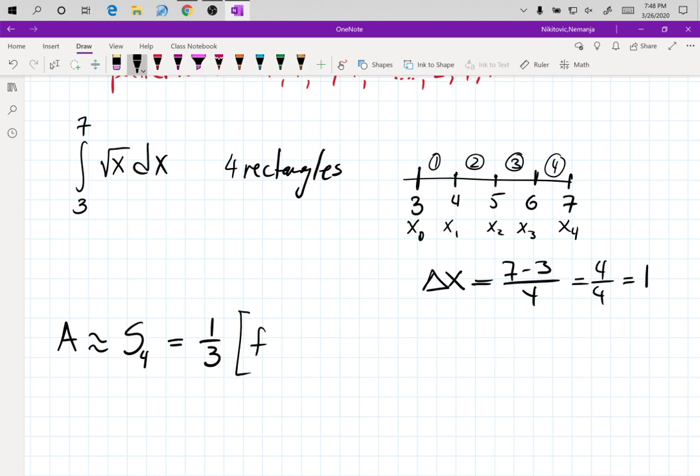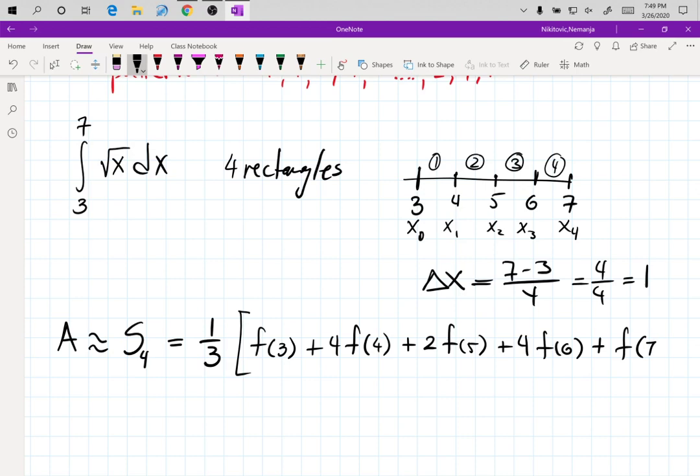We have a single f of x0, which is 3, plus 4 f of x1, which is 4, plus 2 f of x2, which is f of 5, plus 4 f of x3, which is 6, and finally plus a single f of 7. So do we see the pattern? 1, 4, 2, 4, 1. It's always that pattern. You always start with 1.